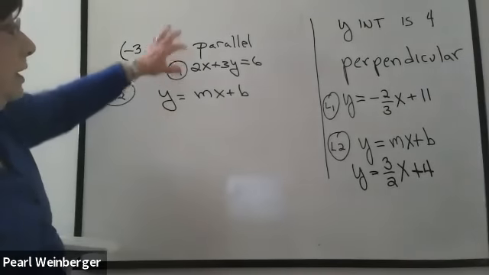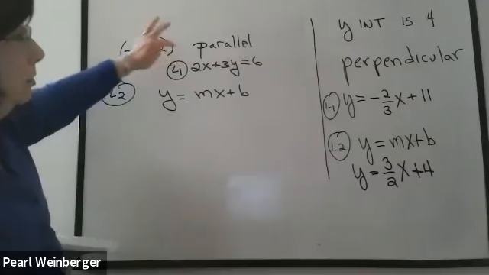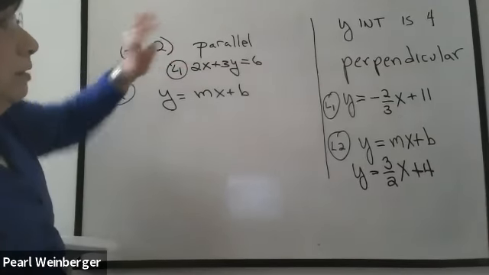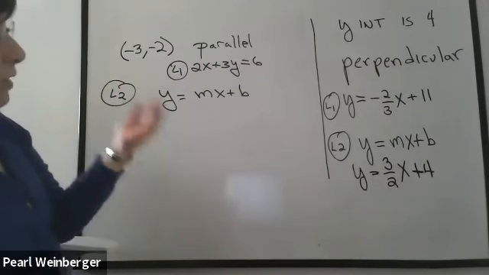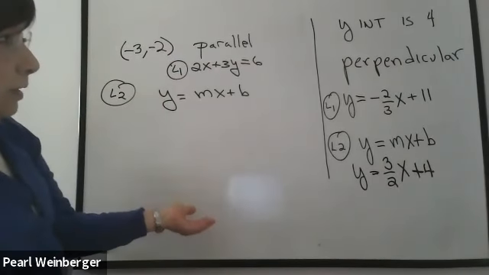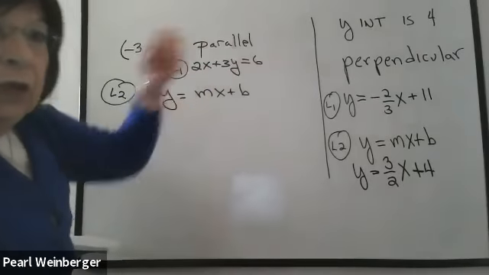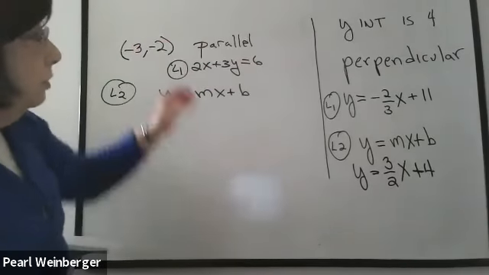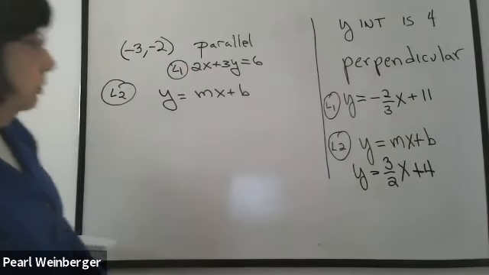And the clue to the slope is the fact that it's parallel to a line. Parallel means the two slopes are the same. Whenever they talk about the lines being parallel, or perpendicular, they are talking about slope. It's a fact that has to do with slope.